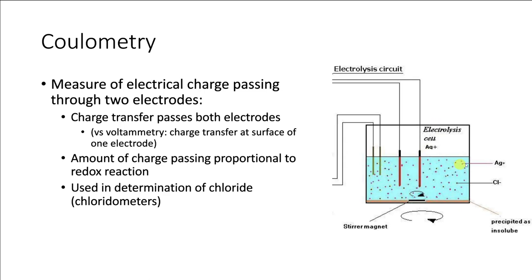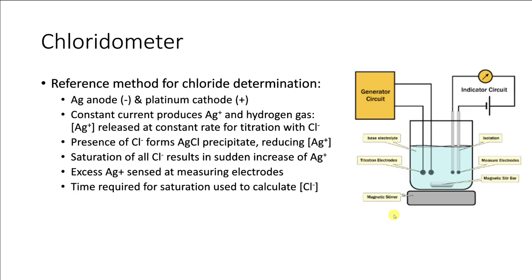The amount of charge that passes between these two electrodes will be directly proportional to the redox reaction, and we'll use this the most in order to determine chloride, with chloridometers. Speaking of which, this is basically the method that we use in order to determine how much chloride is in something.